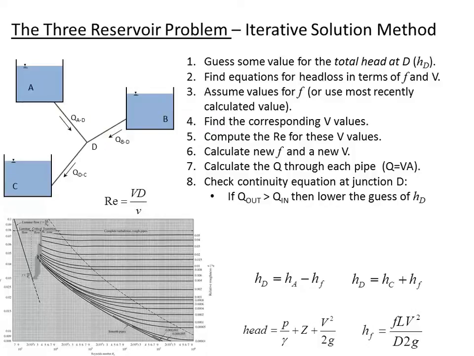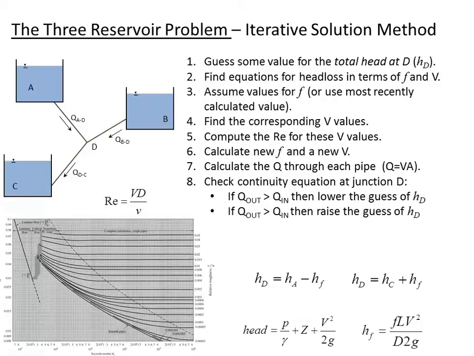Think about there's tons of pressure at D that would shoot water towards C really quickly, but then there wouldn't be much of a driving force taking water from A and from B towards that junction. So that's what this logic is based on, is that if the flow rate out is bigger than the flow rate in, that means that your guess of the amount of energy at D is too high.